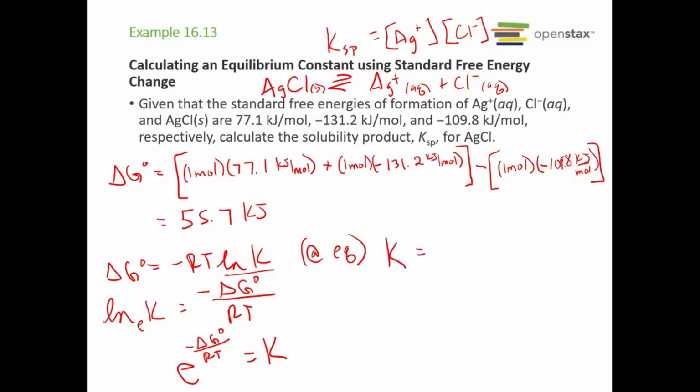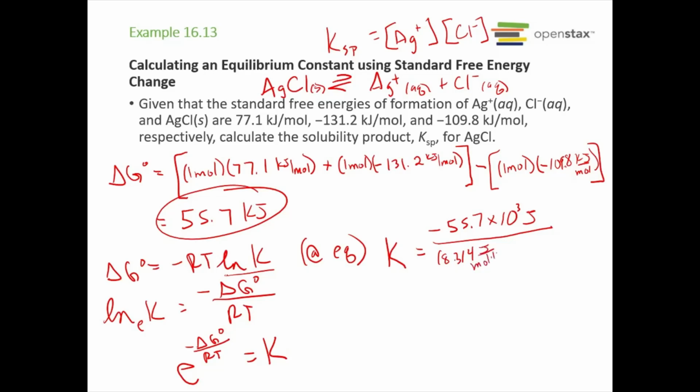Now K is equal to e to the negative delta G, which is negative 55.7, and we're going to rewrite this times 10 to the third joules, divided by R, 8.314 joules per mole Kelvin, times our temperature, 298.15 Kelvin.